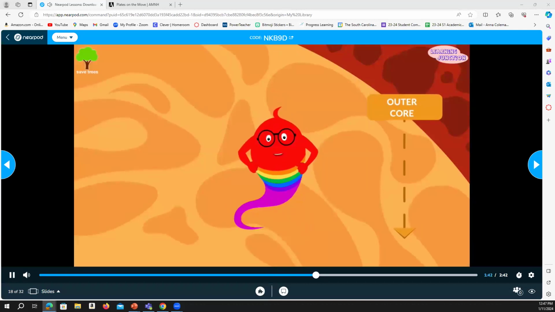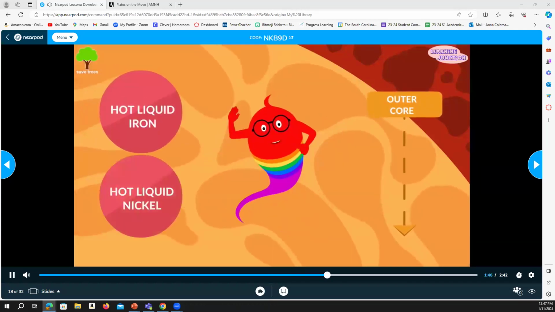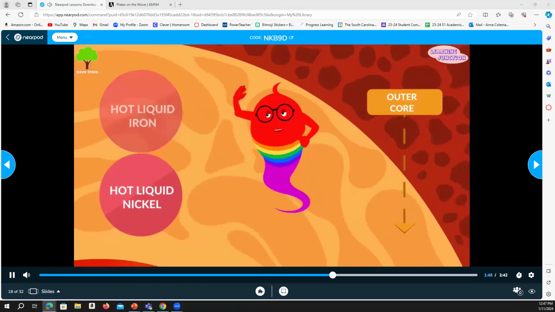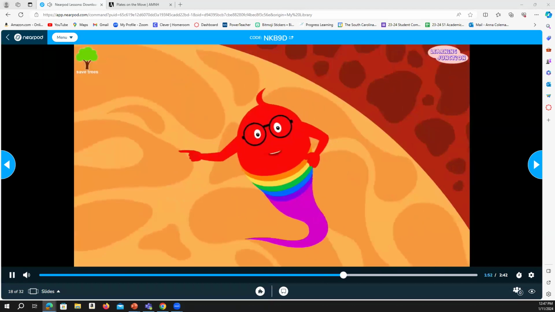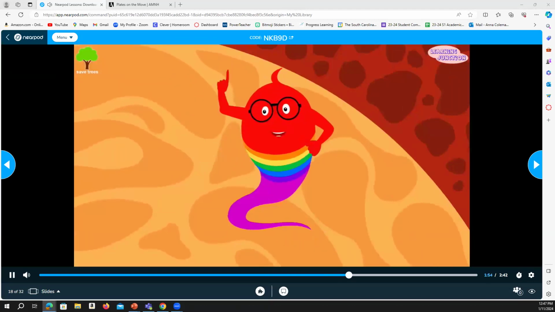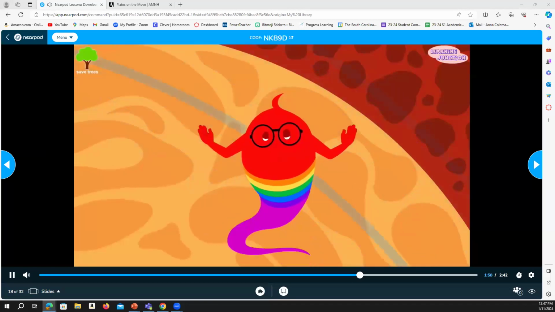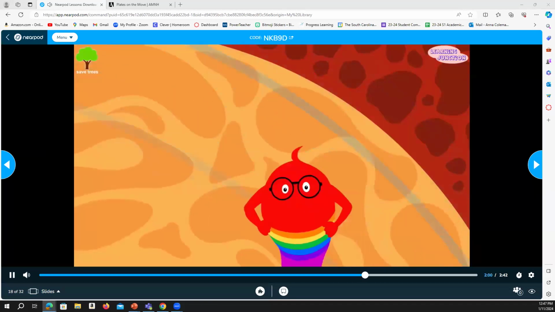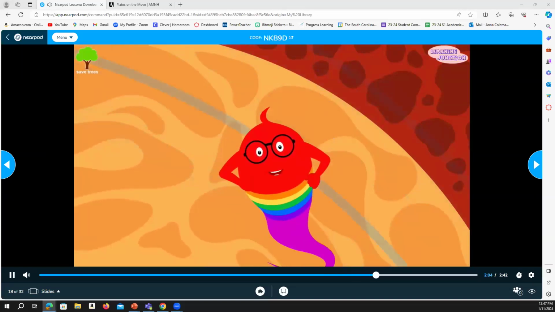Whoa! Outer core. The Earth's outer core is made up of hot liquid iron and nickel and is about 1,400 miles thick. Too thick! The outer core creates something called a magnetic field and makes a protective barrier around the Earth that shields us from the sun's destructive solar wind.